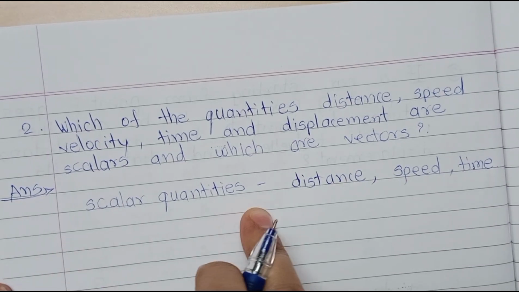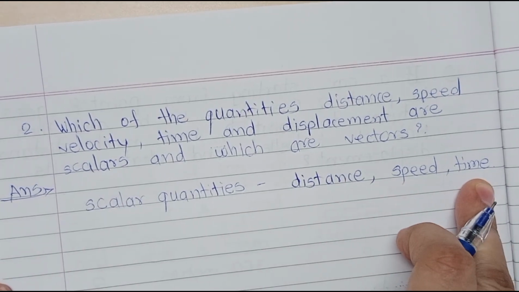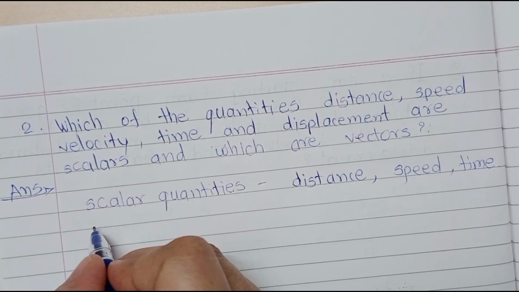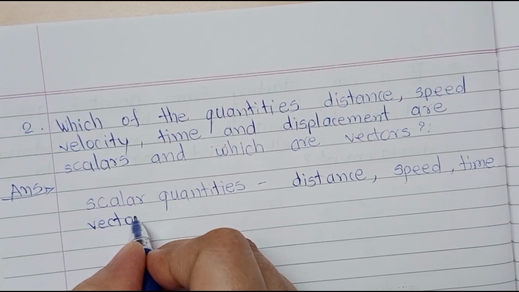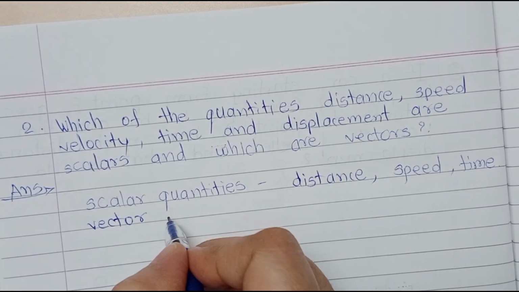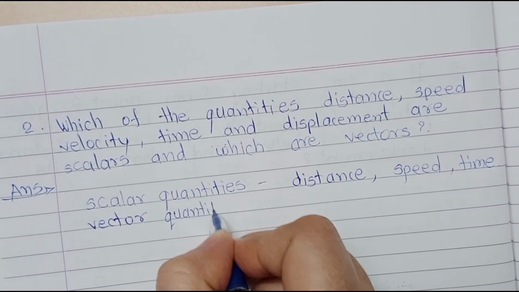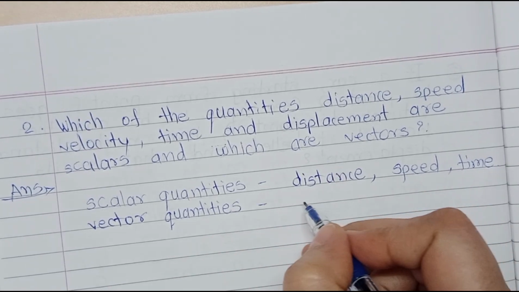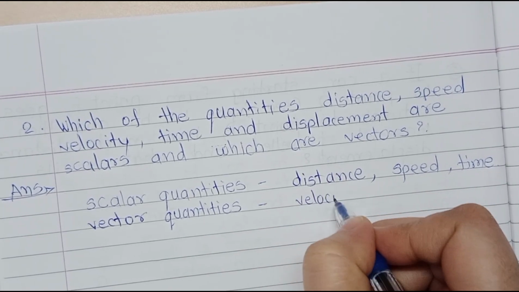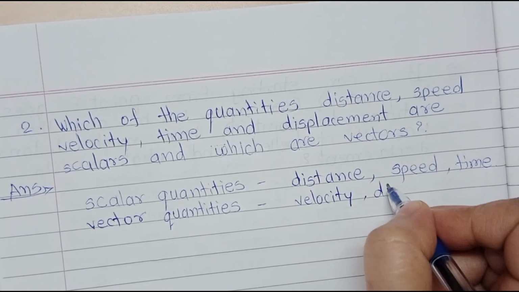Okay. Scalar quantities: distance, speed, time. Which are vector quantities? Velocity, displacement.